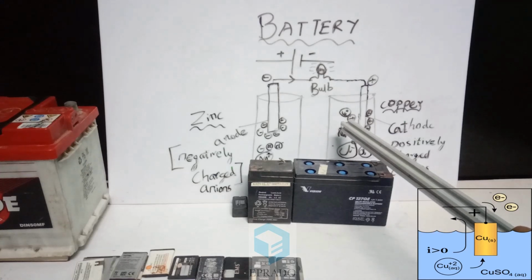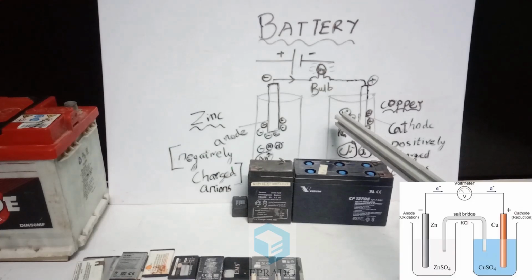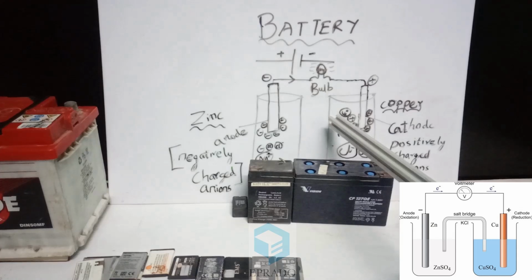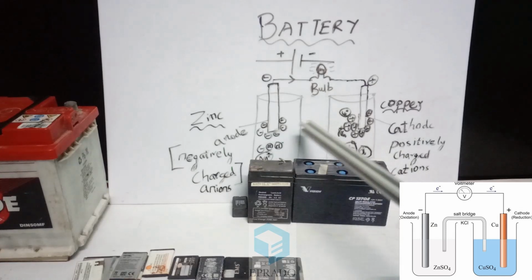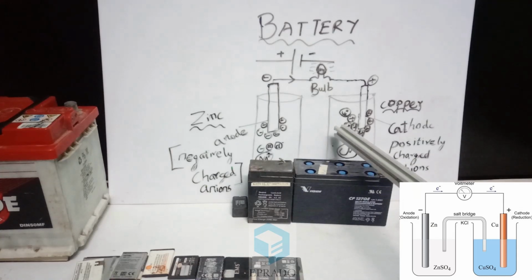So in order to prevent this solution from getting neutralized faster, we will require a salt bridge. So this bridge will connect these two bowls together through a filter paper.